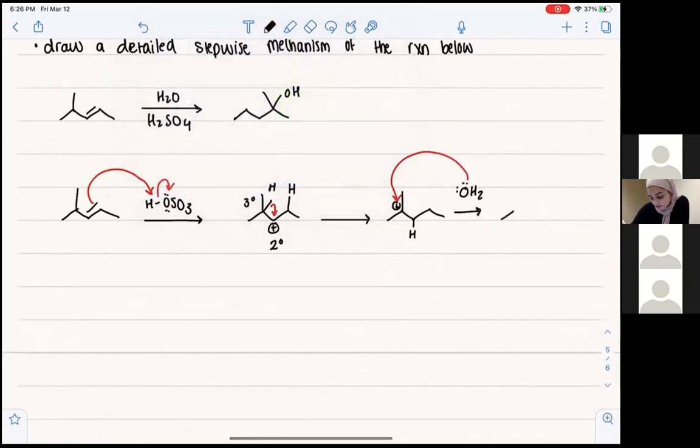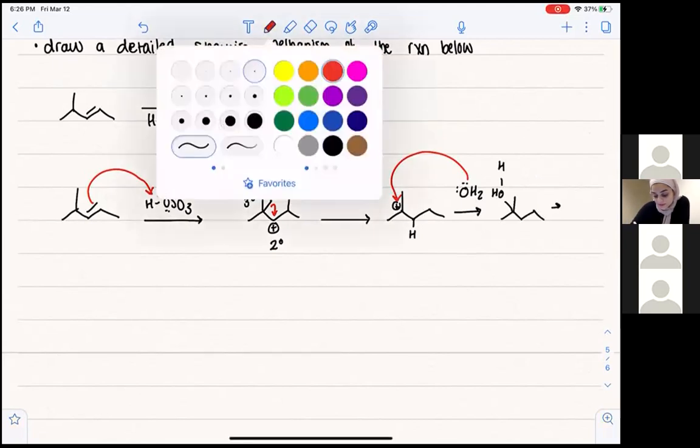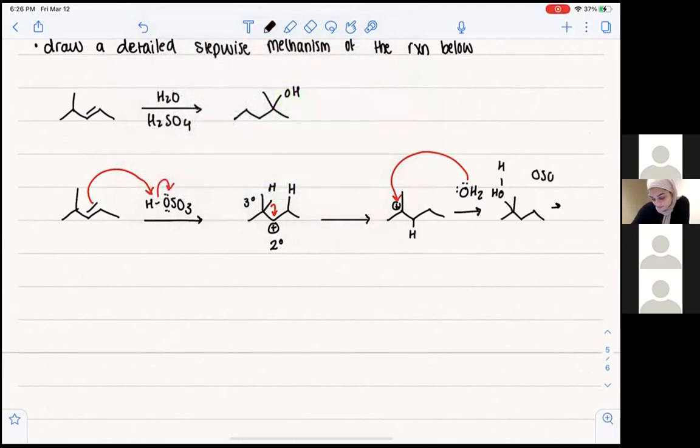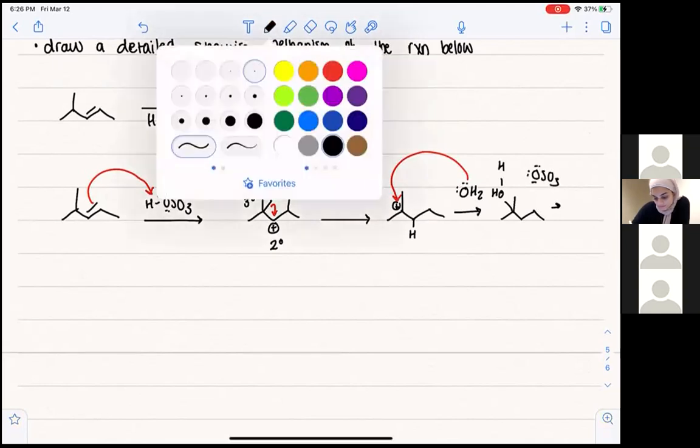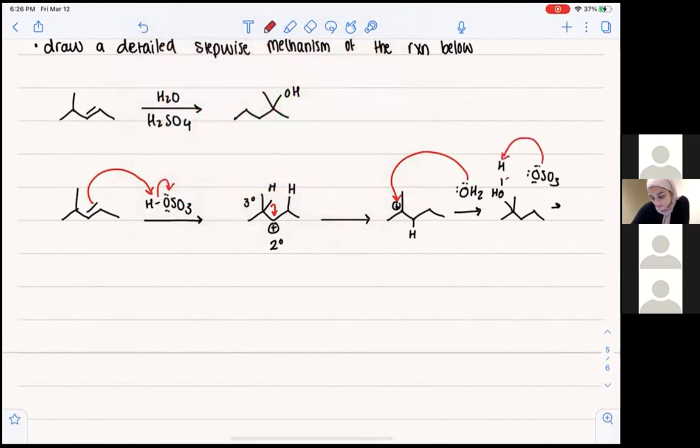Our water goes on there, OH, H. And then our OH comes to grab this, or even our SO4, or our SO3 can come and grab this, forming our final product. Cool. Oh, I drew it backwards, but regardless.